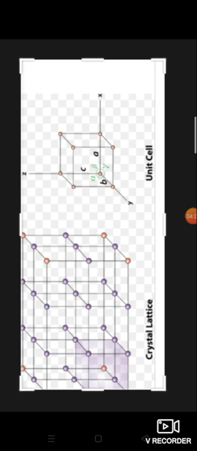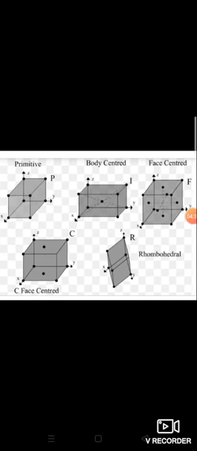There are two types of unit cell, primitive and centered unit cell. In a primitive unit cell, constituent particles are present only on the corner positions of the unit cell.